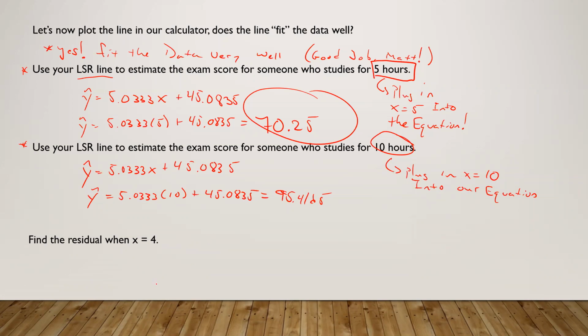All right, so now this is a weird question. Find the residual, okay, when X is equal to 4, okay? What was another word I called residual in this lecture? Thank you, Heather, yep. All right. What was the equation for this?